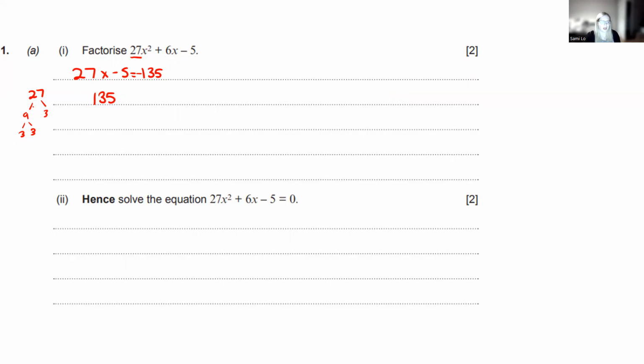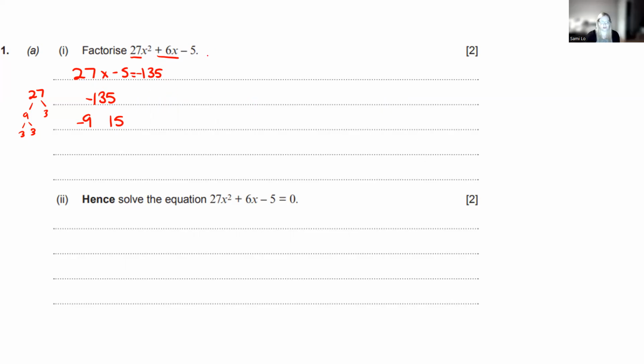So I'm going to use 9 on this side, and then I'm going to have to times that number by 3, so it's going to be 15. Now, because it was negative 135 and not positive, I know one of these values, 9 or 15, is going to be negative. Because I want to get 6x, I'm going to be minusing that 9, because that will give us a strong positive number then.